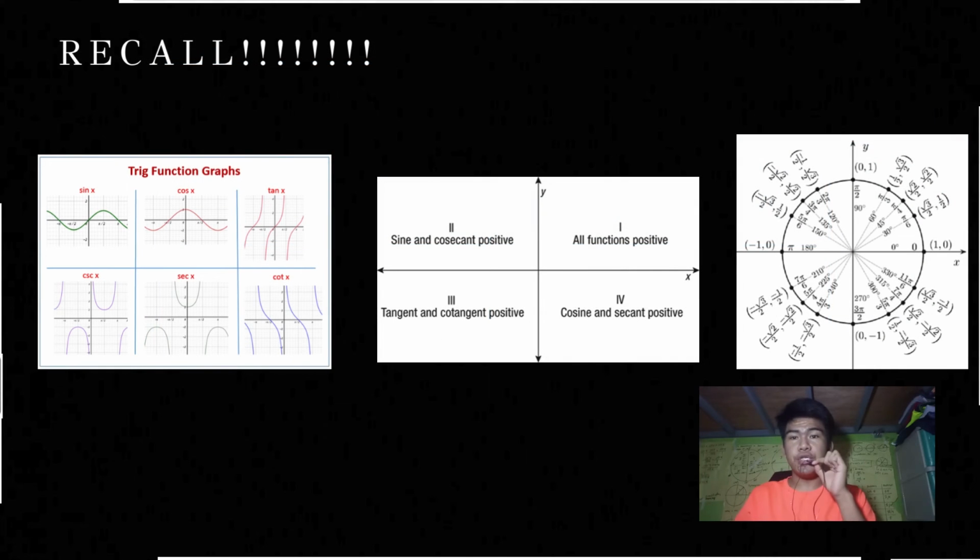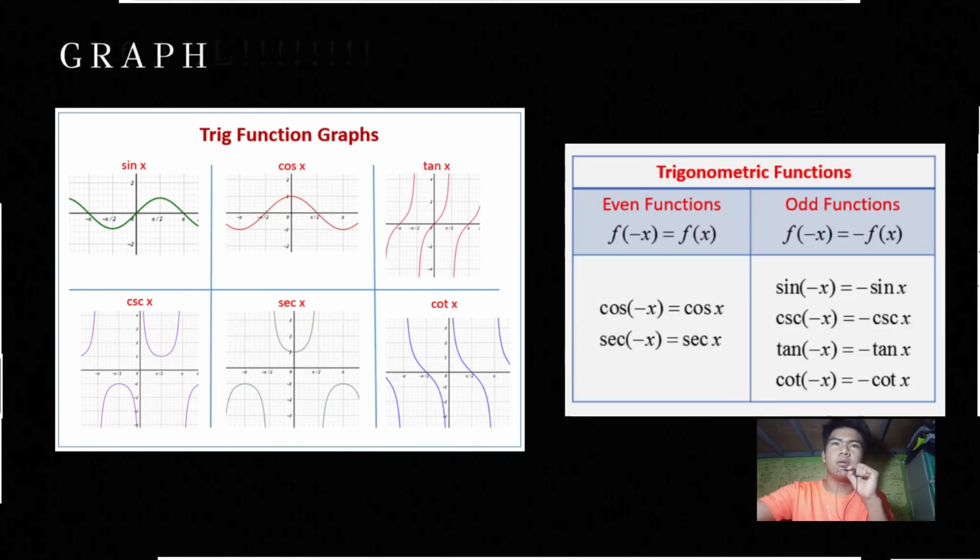To really understand how these even and odd identities work, or how we arrive at them, let us first recall three main topics that we already tackled in the past lesson. The first will be the graph.